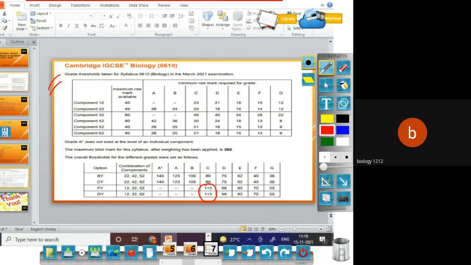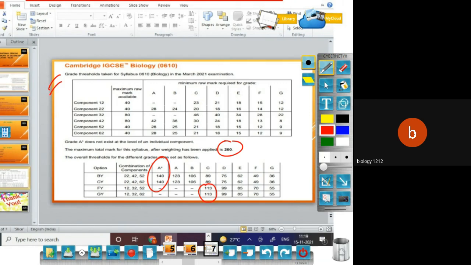You should be above 113, then only you can get core, and the highest grade in core is C. Whereas those who are going for extended, the target marks is around 140 out of 200 to get A star, the highest grade for extended students. For core students we start with C, so 113.